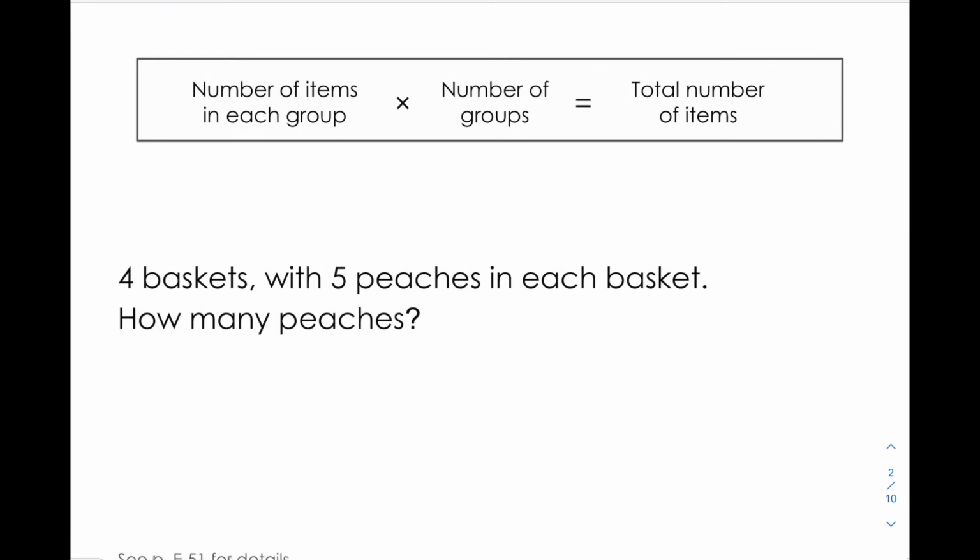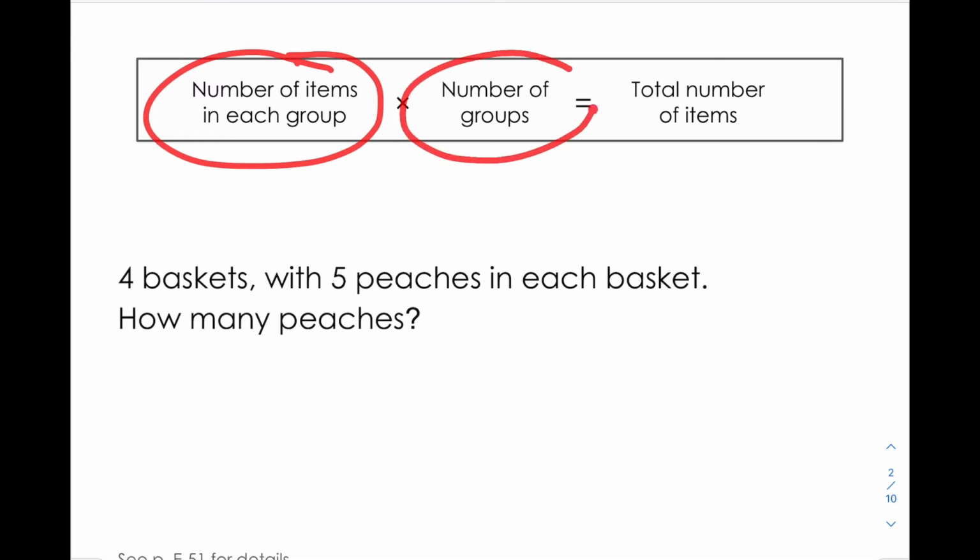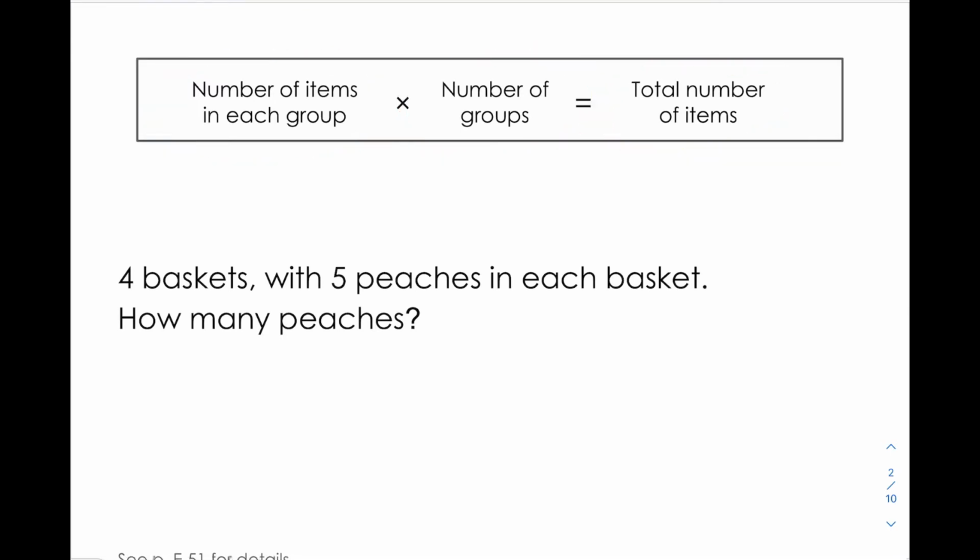So for example, if you are given 4 baskets with 5 peaches in each basket, and you're asked how many peaches there are altogether, you can use this formula here. Number of items in each basket times the number of baskets will give you the total number of peaches.